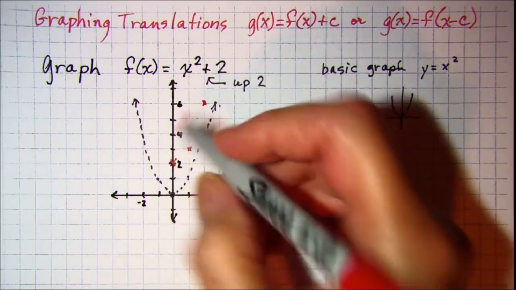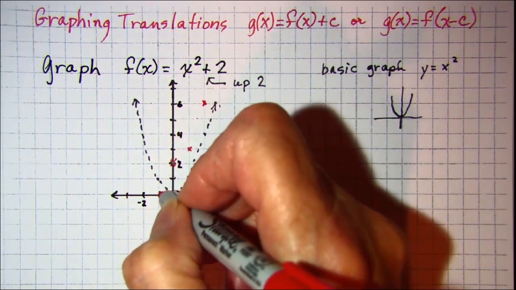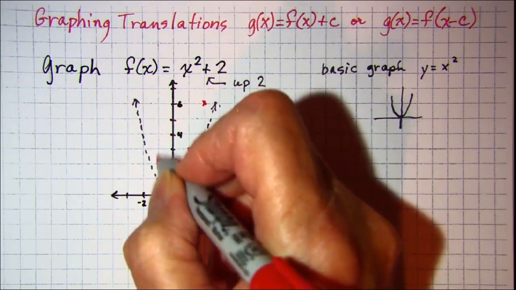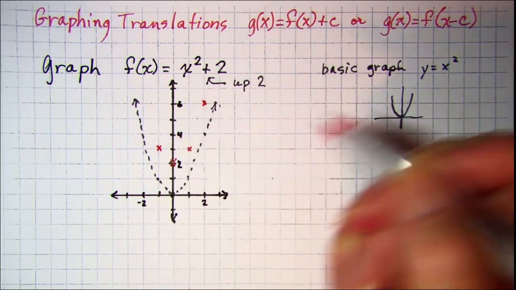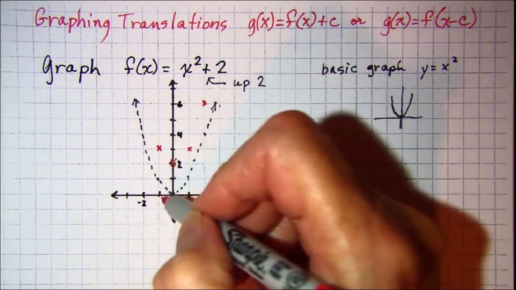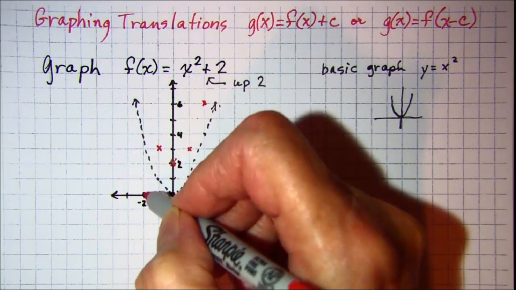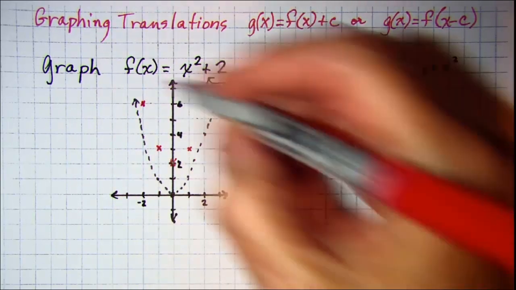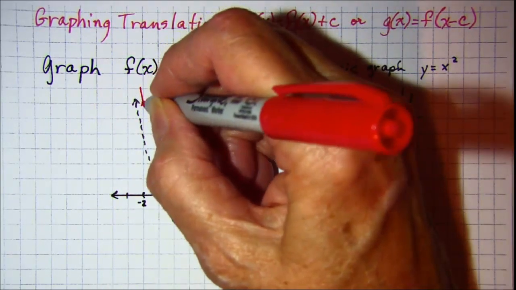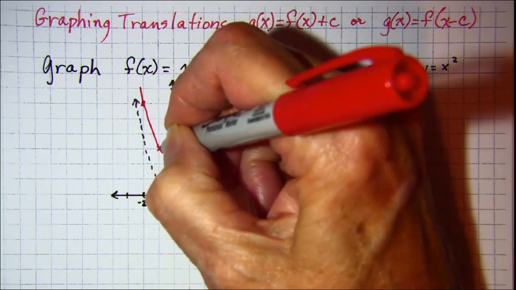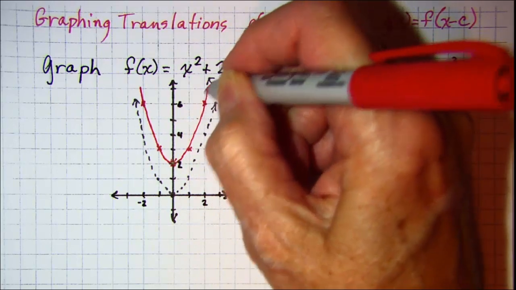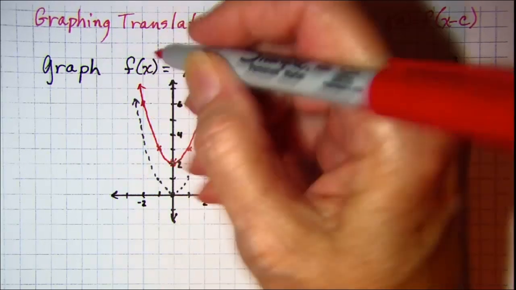On the left side of the graph, when x was negative 1, y was 1, we'll add 2 to that, we have 3. And then when x was negative 2, y was 4, so add 2 to that. So our f of x graph looks like this.